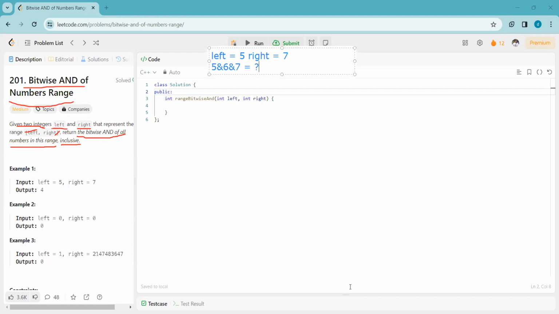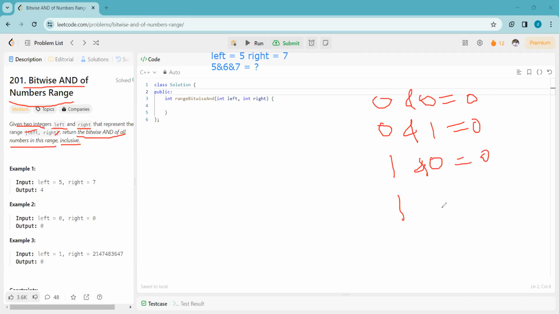So how does bitwise AND work? First, let's see that. 0 and 0 will give 0 if we consider one-bit numbers. 0 and 1 gives 0. 1 and 0 gives 0. 1 and 1 gives 1.